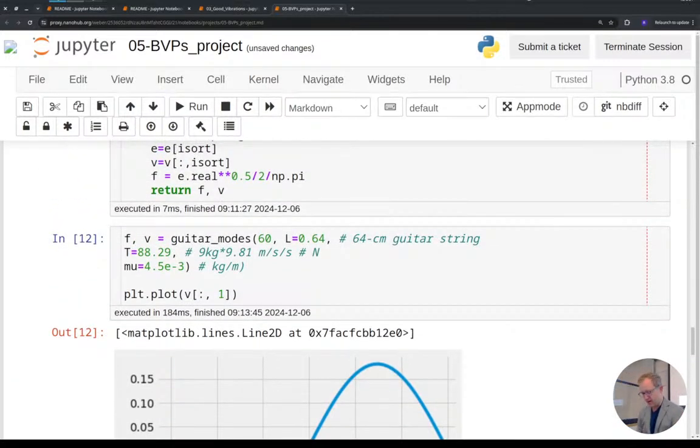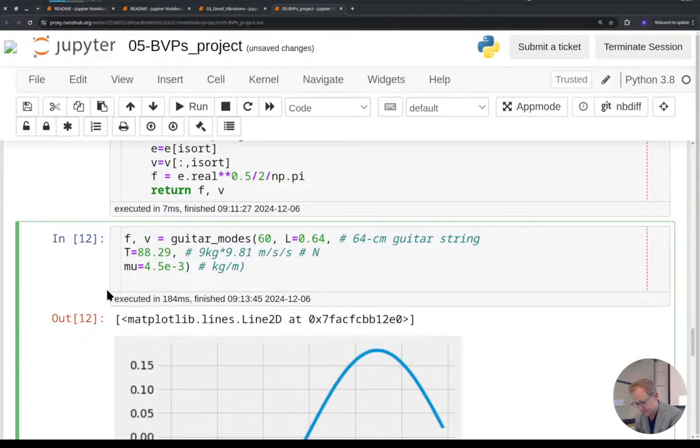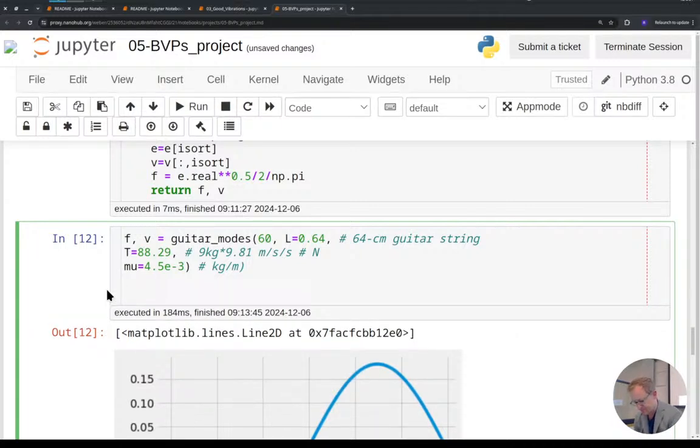So we want to figure out how well these are converging, and the mode shape is one way that we can look at how well it converges. n comma f bracket 0.